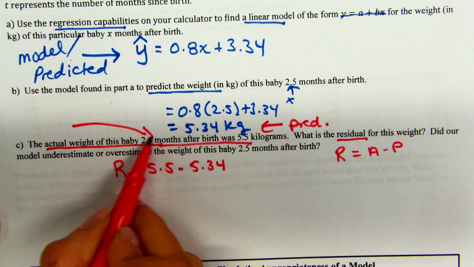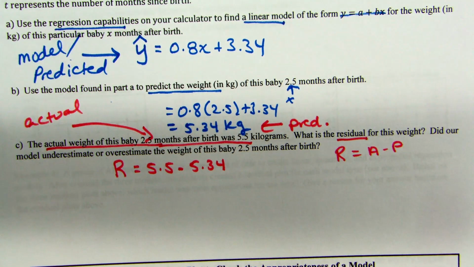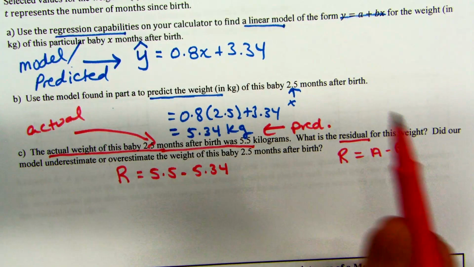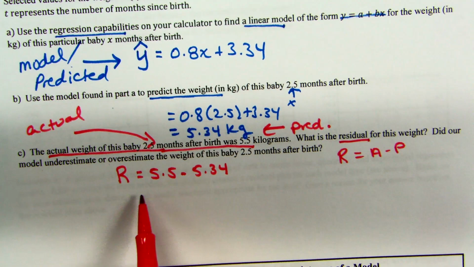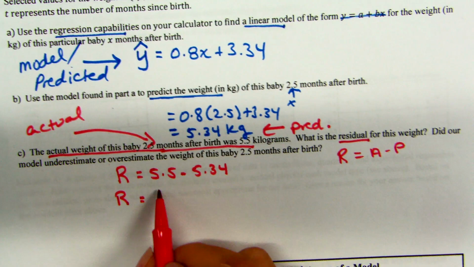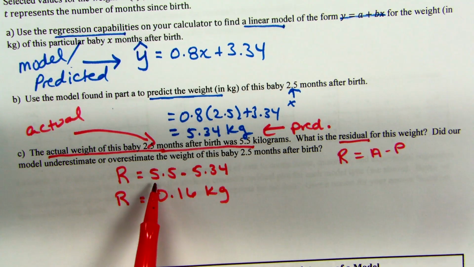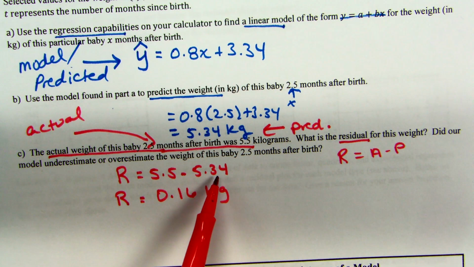That, whatever over there, is the actual, right? Understand the words, what actually happened, and what did our model predict for us, okay? And we literally just subtract the two numbers, and you should get a residual value of 0.16 kilograms. That's the difference between what happened in the real world and what our model predicted.